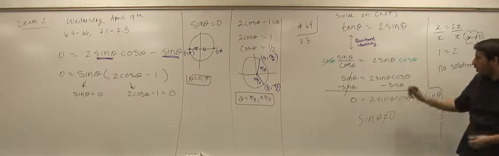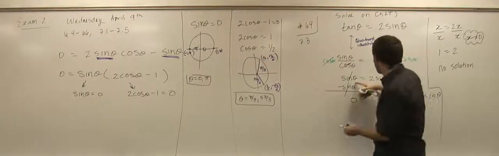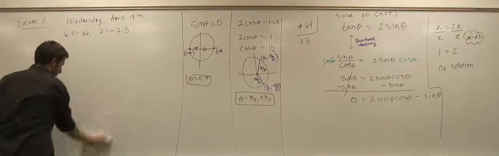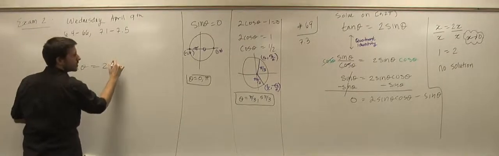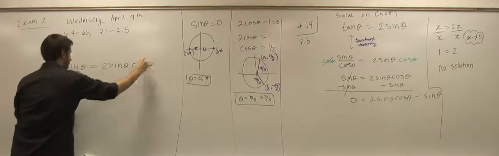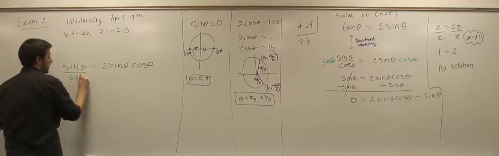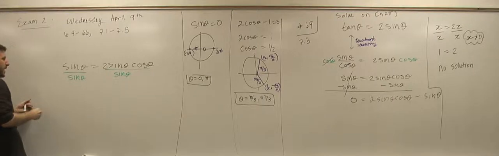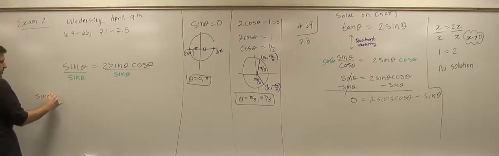Or, if you do divide by a variable, if you decide to go up to this point and say, okay, sine theta equals 2 sine theta cos theta, and I want to divide by sine theta, that's okay, but as soon as you do that, you have to consider the possibility that sine theta could equal 0.